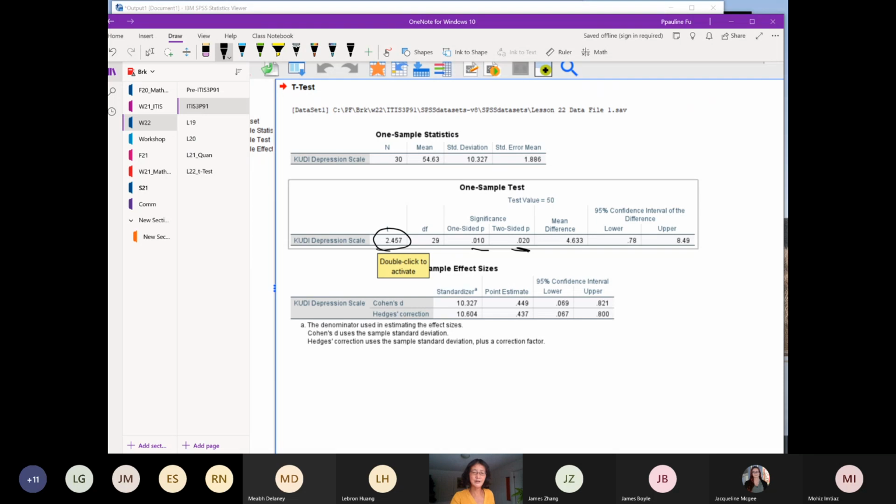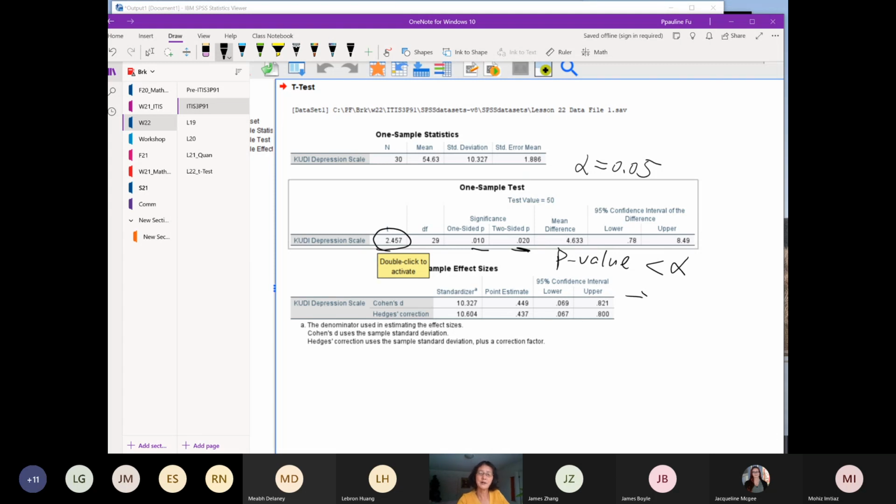In both situations, we have a p-value. We usually compare p-value with alpha. The popular alpha is 0.05. We use alpha 0.05, and our p-value is smaller than alpha.